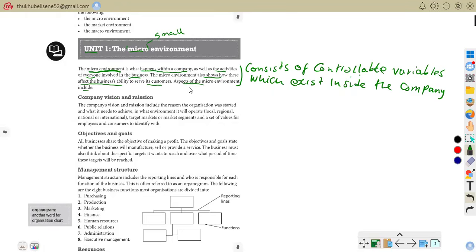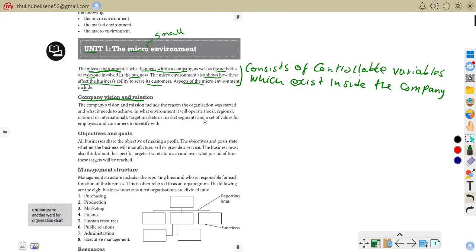So here are the aspects that are included in the micro environment, the ones that the manager or the entrepreneur can control. That is the company vision and mission. The vision and mission statement defines the company's purpose, values, and overall direction.